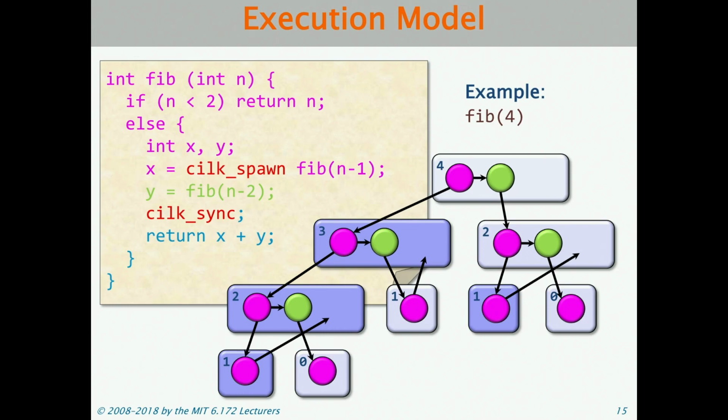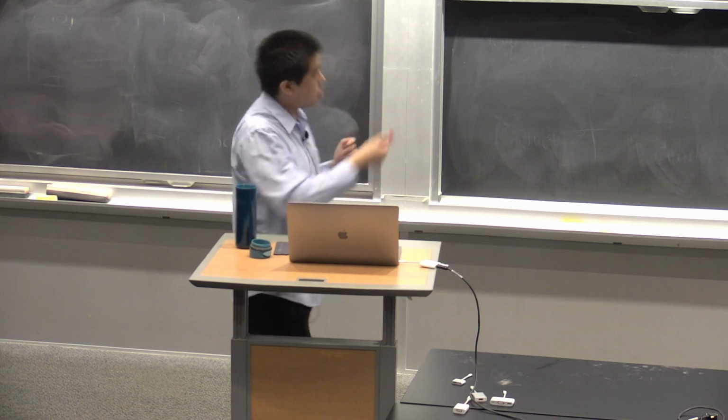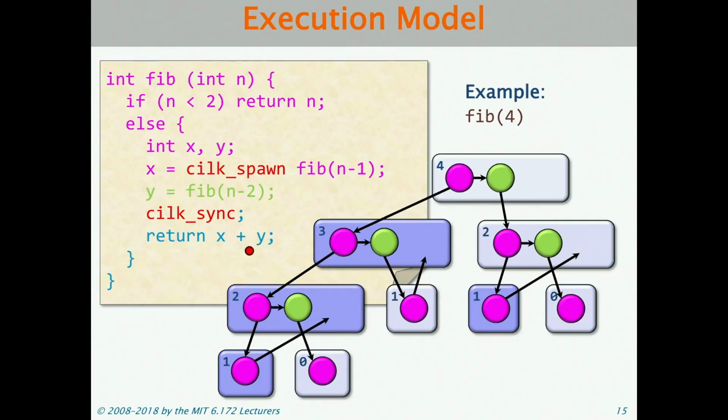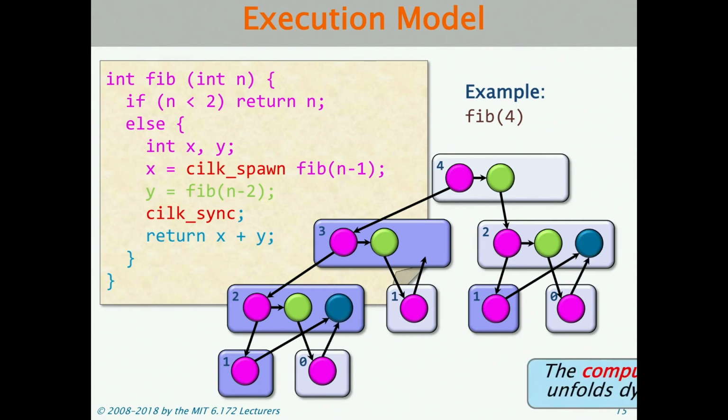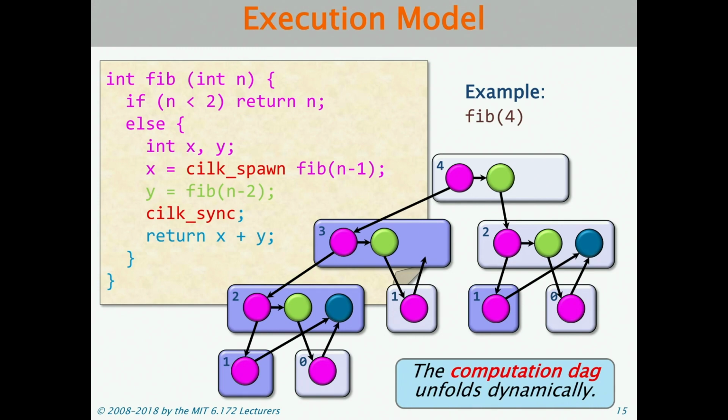OK, so now that I've gotten to the base case, I need to execute this blue statement, which sums up x and y and returns the result to the parent caller. So here I have a blue node. This is going to take the results of the 2 recursive calls and sum them together.